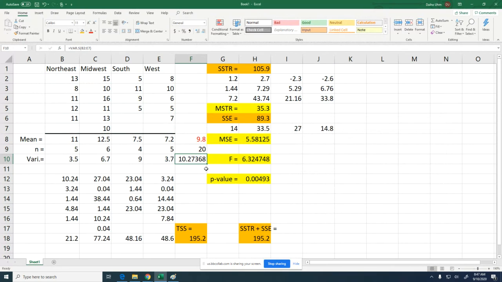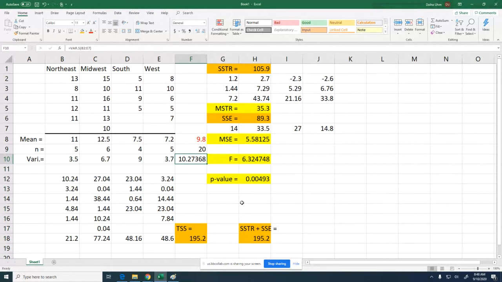Okay? That is 10.27368, the overall variance, right? Let me take the TSS over 16. Why do I divide it by 16? Who was the 16? Sorry, no, not 16. 19. Look at this. Let me erase it. I want to show you later.